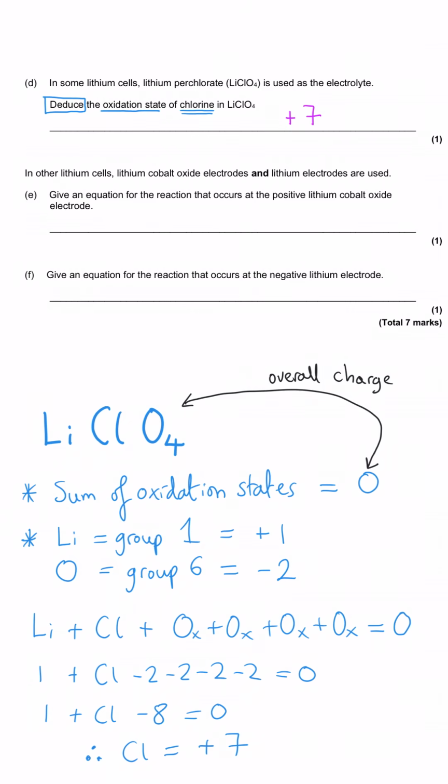In other lithium cells, lithium cobalt oxide electrodes and lithium electrodes are used. Give an equation for the reaction that occurs at the positive lithium cobalt oxide electrode. Now this is one that you just need to remember. The lithium cobalt oxide electrode has got the following half equation. It's got a reaction between lithium and cobalt oxide, as the name implies, and in that process one electron is gained.